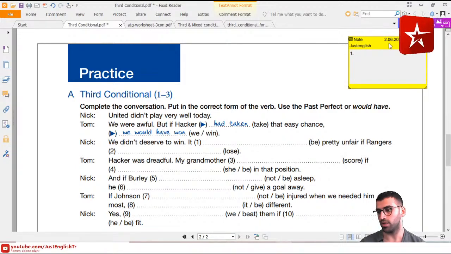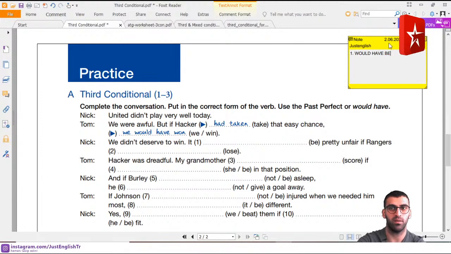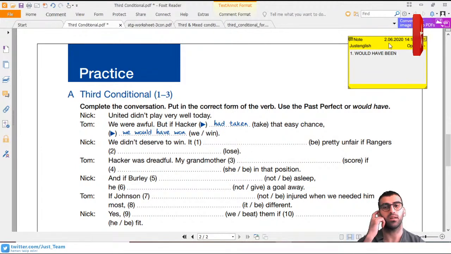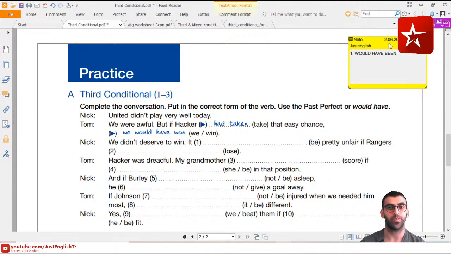Halil says could have, but here we should use would have. After would we have to use have, then a past participle form. Be, was, were, been, the past participle of be.